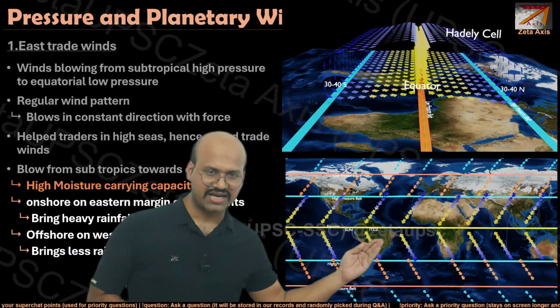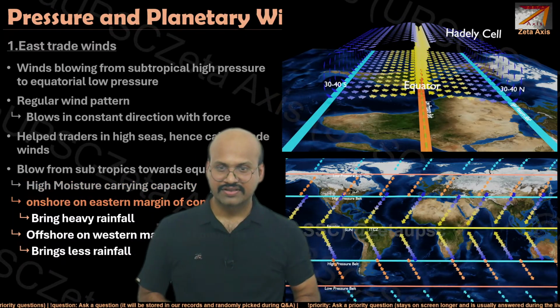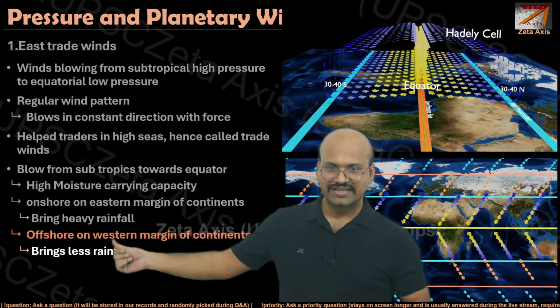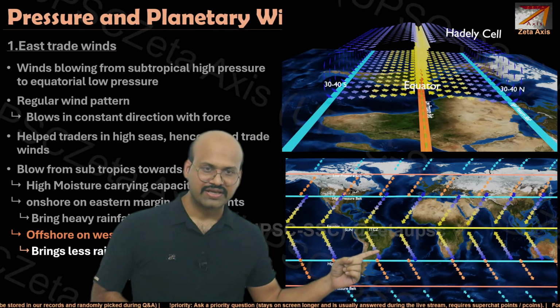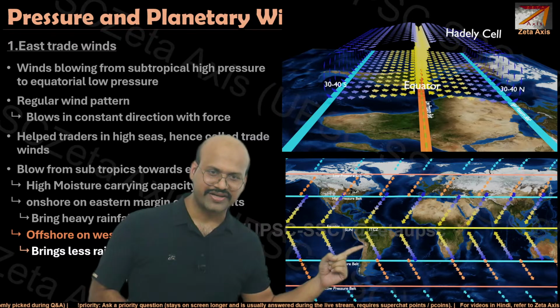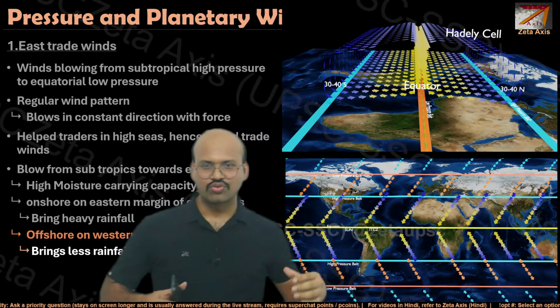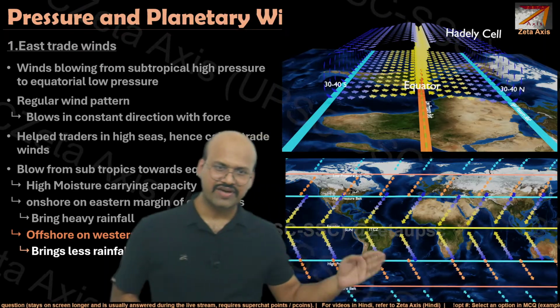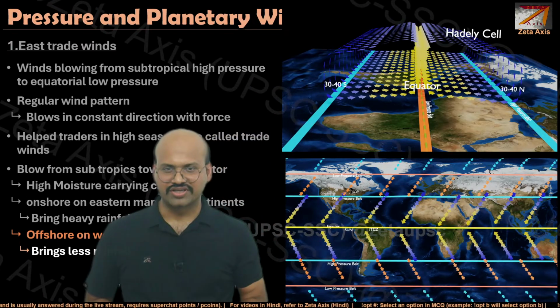But if we go to the western margin, we see that on the western margin the easterlies are offshore winds. So here, they are moving right from this ocean towards the continent, they cross the continent and then they reach the western margin. Over the continent they lose all their moisture, and that is why when they reach the western regions, they do not have much moisture to give rainfall.